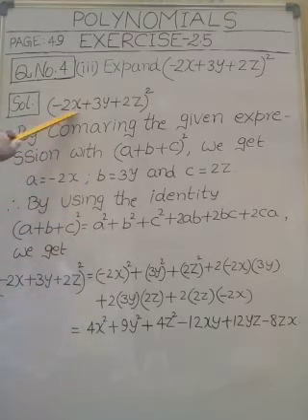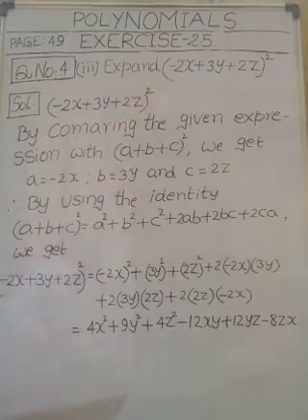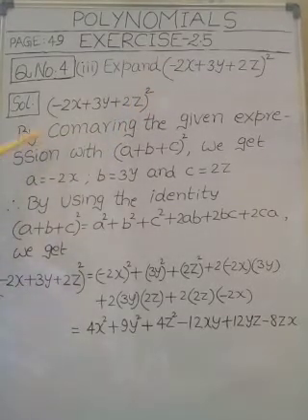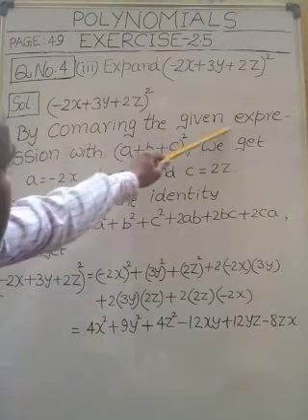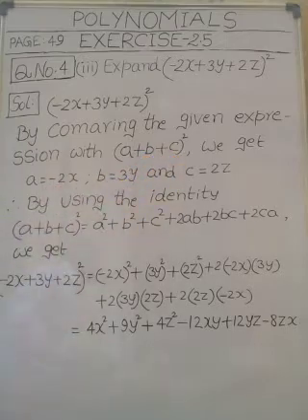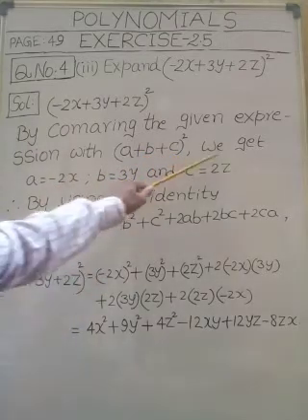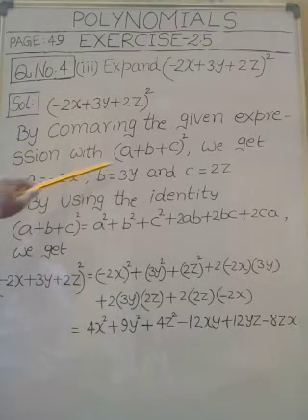So let us write the given expression here: (minus 2x plus 3y plus 2z) whole square. Immediately you have to compare this expression with a suitable algebraic identity. Nobody tells you. Okay, my dear children, by comparing the given expression with (a plus b plus c) whole square, it is in the form of (a plus b plus c) whole square, then we get a is equal to minus 2x, that is the first term in this expression.